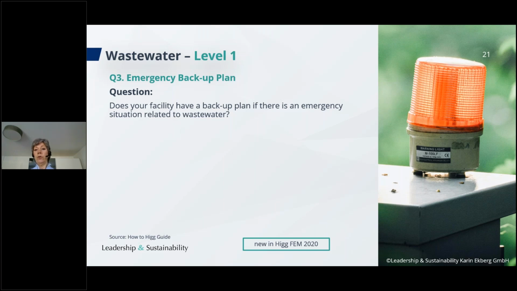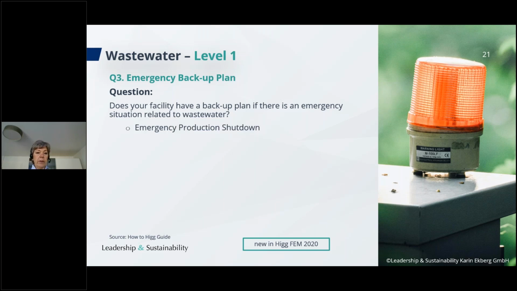And then your wastewater treatment plant may not be able to treat this wastewater accordingly. It may even, in some cases, kill the bacteria you have in your biological step. So the intention is that you have a backup plan and installations to be able to take care of the wastewater if you cannot discharge it into your normal canalization.